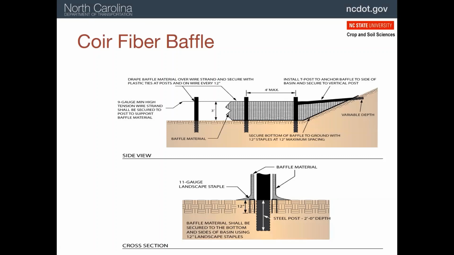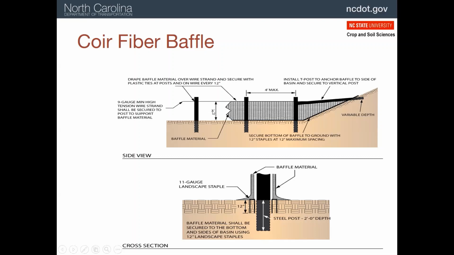The fence posts are installed across the basin with at least 3 feet above ground. So just like the silt fence, we've got 2 feet in and 3 feet above ground. A wire is run across those posts, and the fabric is then folded over that wire. We want to have about 3 feet of fabric as our baffle material.